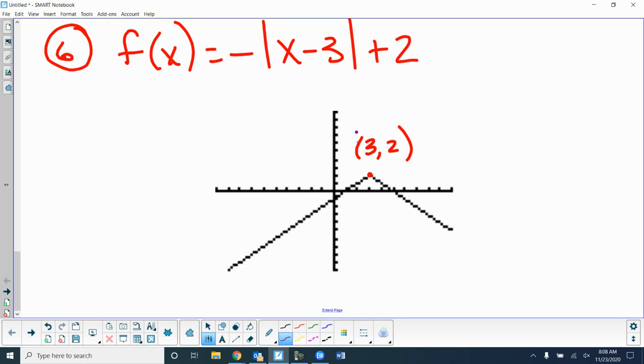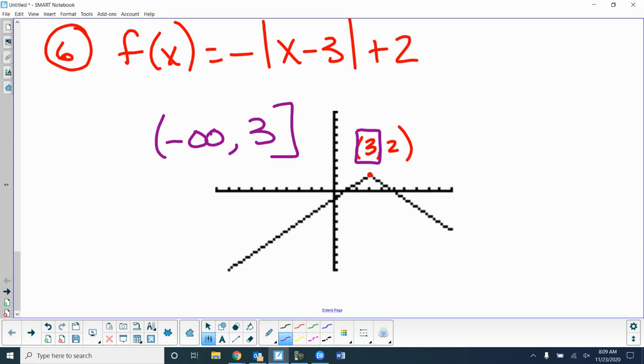It's this one that I'm worried about. All right? So the interval is from -infinity to 3. That's what I'm looking for. That's where it's increasing. If I was asking you decreasing, then I would say from 3 to infinity. Okay? Because from here, the x value of 3, it starts going down to infinity forever. All right?